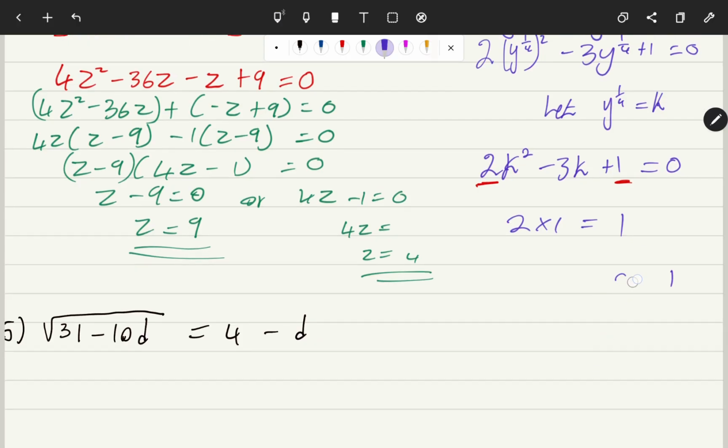So now I can say, let me erase this part. I can say 2k squared minus 2k minus k plus 1 equals to 0. And then I group them, and I take out the common factors, which on this side is 2k.